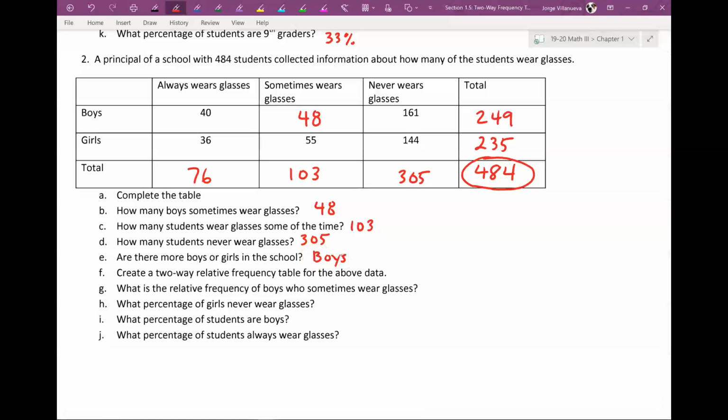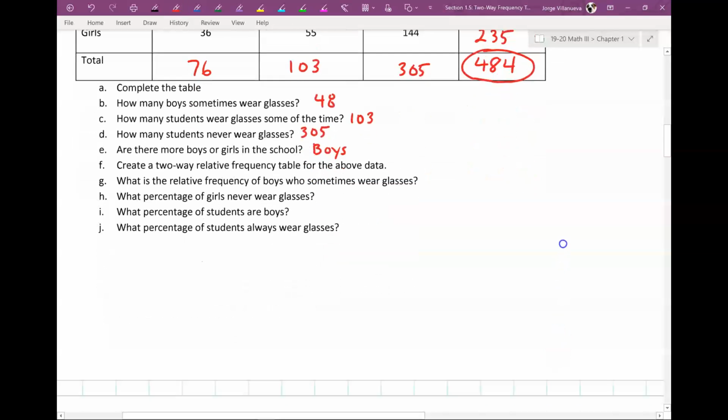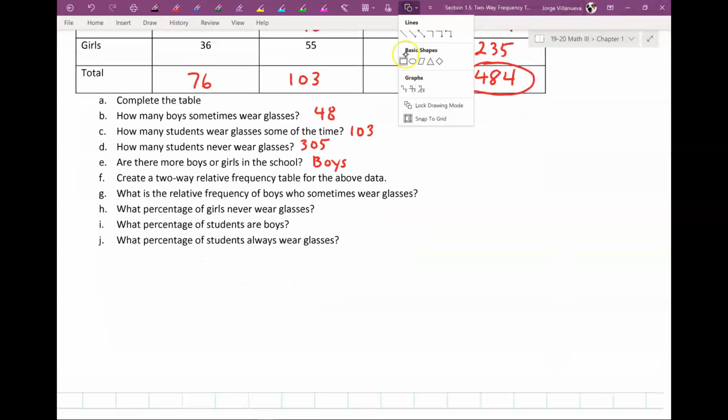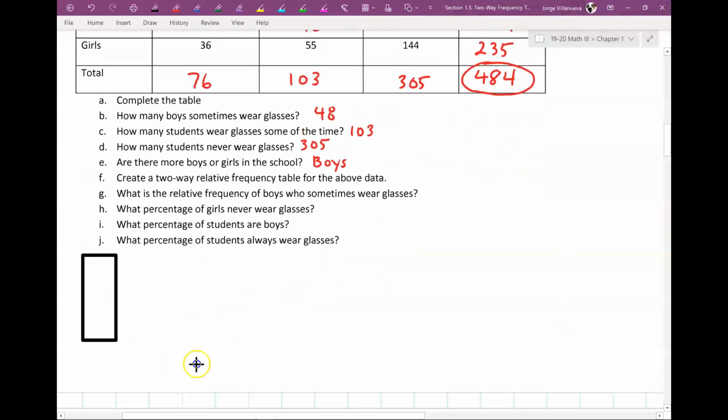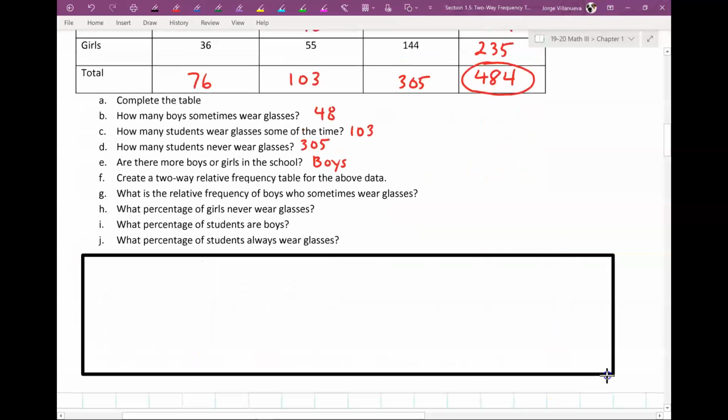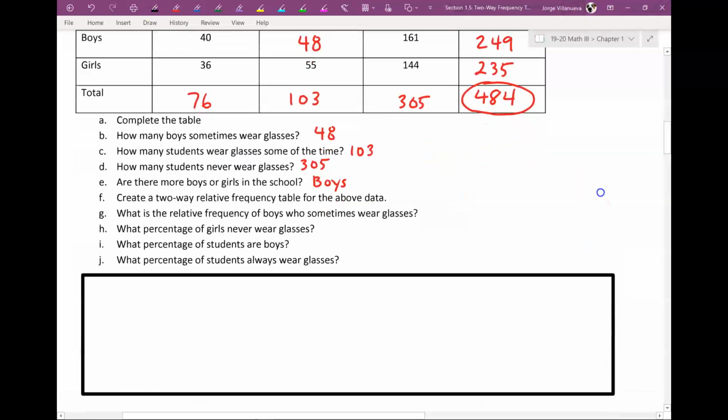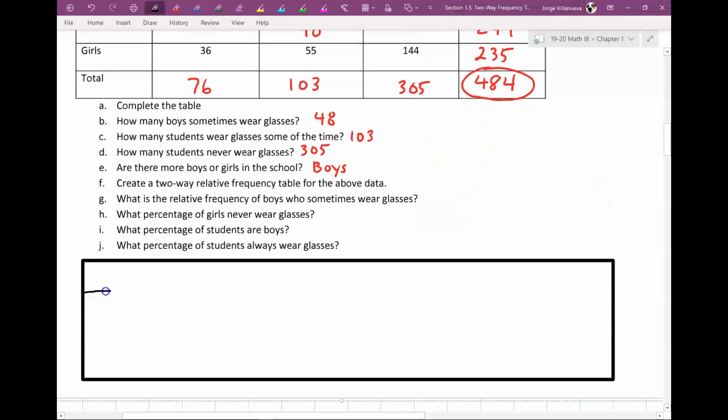Now, notice they didn't give us one, so that means you're in charge of drawing one. There's not enough space, we can't do it. Well, there's space. All right, here we go. So the categories are boys, girls, and total. We can draw 4 or 5 lines.